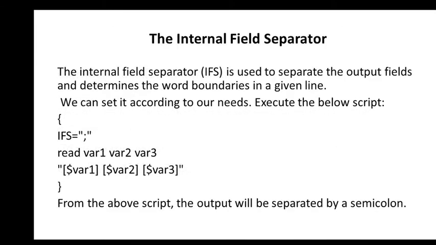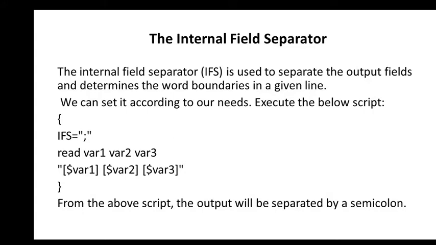Next, the internal field separator, IFS. The internal field separator is used to separate the output fields and determine the word boundaries in the given line. When we want to separate two words in the output field, this internal field separator is used. We can set it according to our needs.